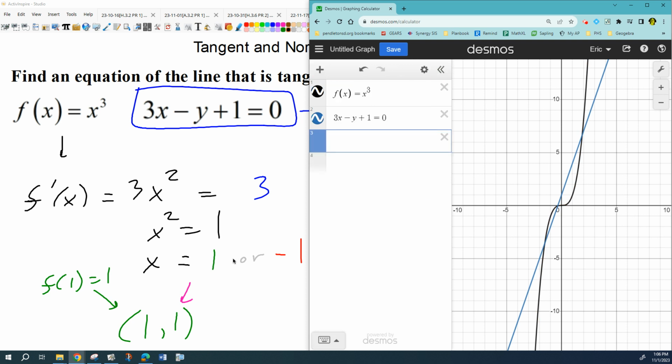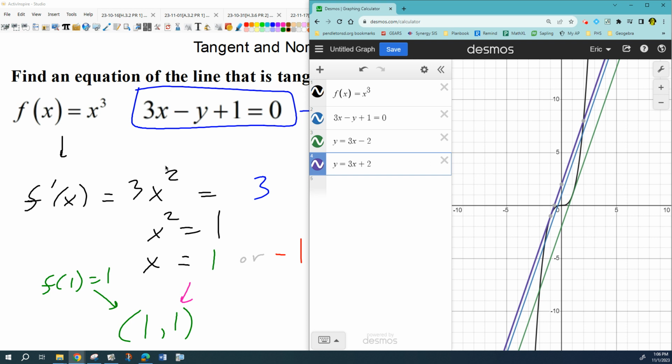So we said we had the line, what was one of them? It was y equals 3x, was it minus 2? Up there was one. And we had the line y equals 3x plus 2, didn't we?